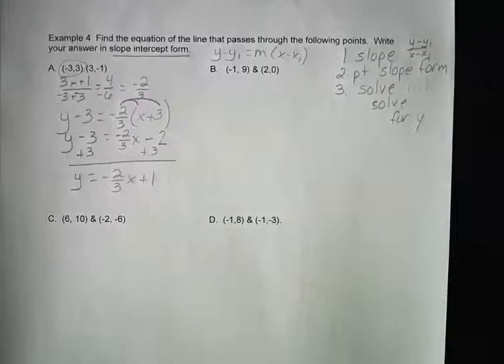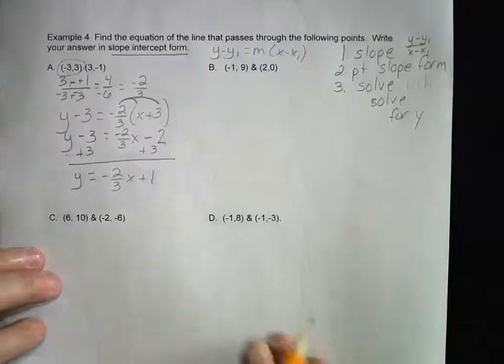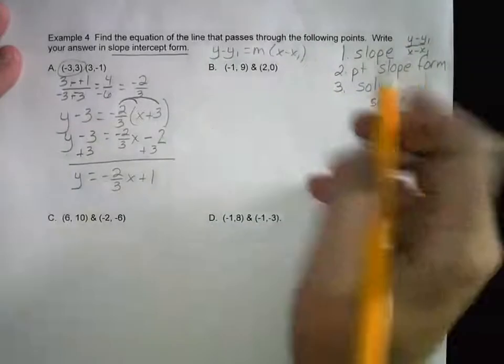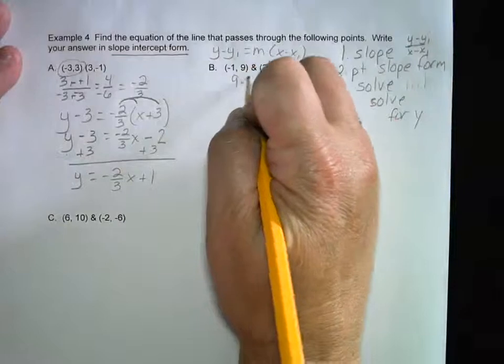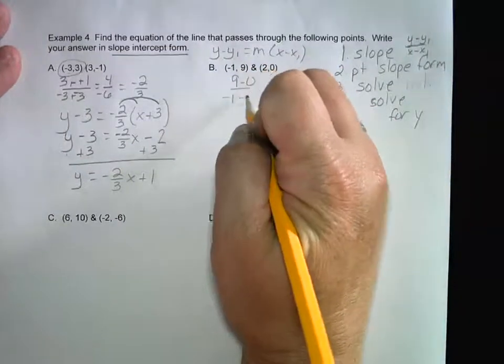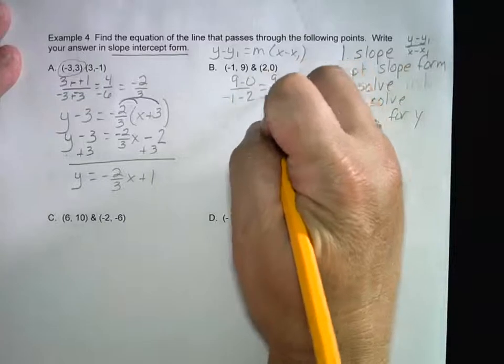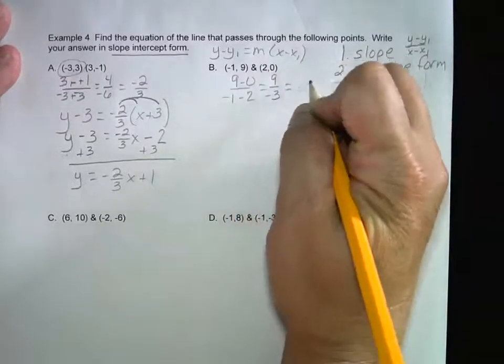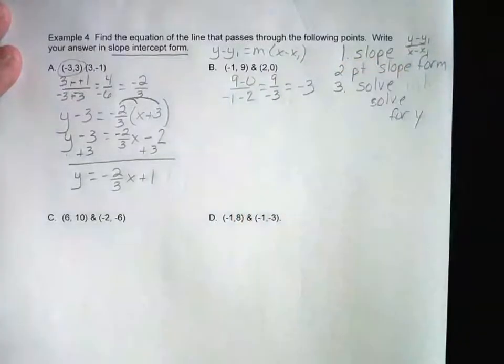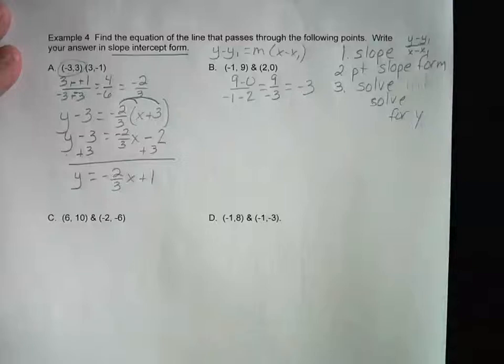Remember, the first one's always the worst, so if that one didn't make a lot of sense, we've got a couple more. First thing, we find the slope. 9 minus 0, negative 1 minus 2. That becomes 9 over negative 3. So our slope is negative 3. We can take either of those points.